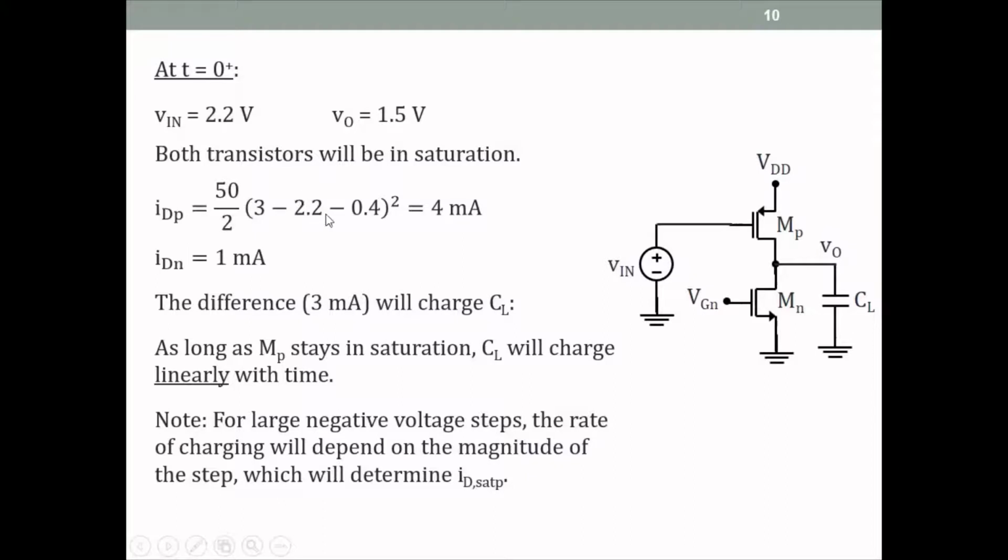If the input changes, this will change. Therefore, the current charging CL will change, and the magnitude of the rate of change of the voltage VO will change as the magnitude of the input step changes. This is an observation. Again, we'll come back to this at a later point in time.